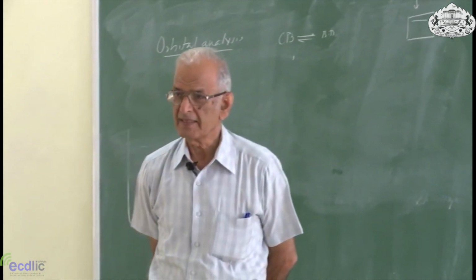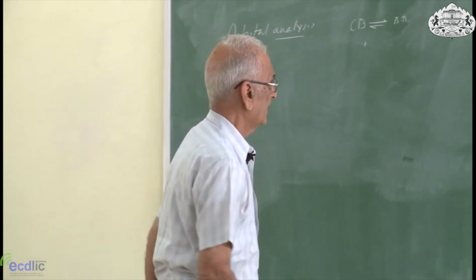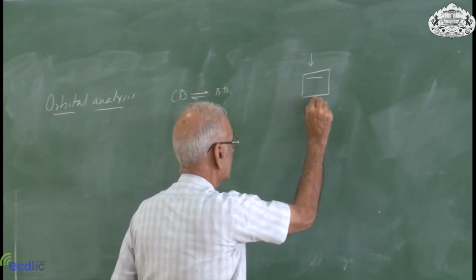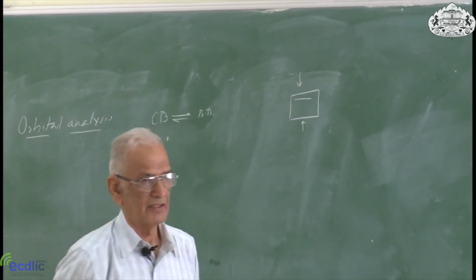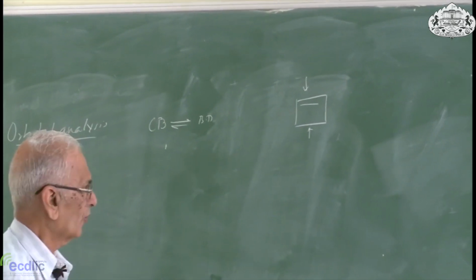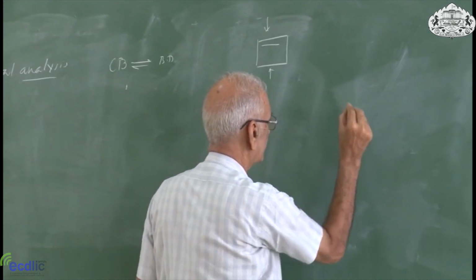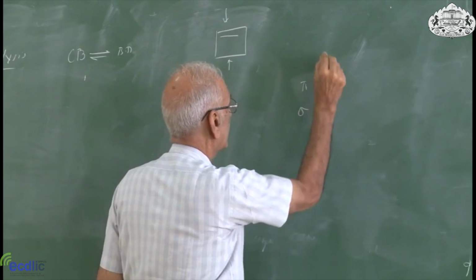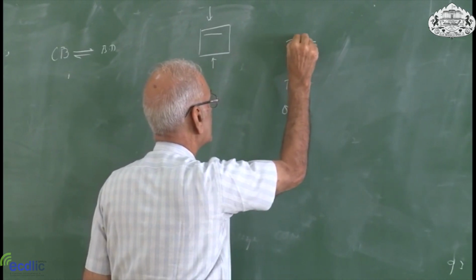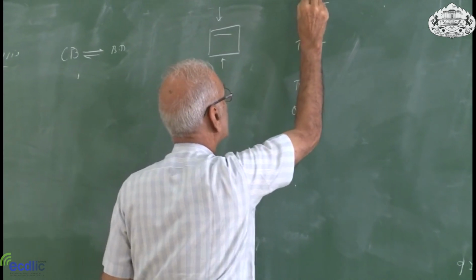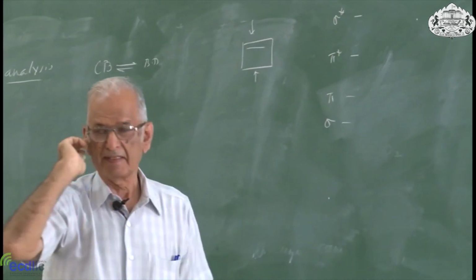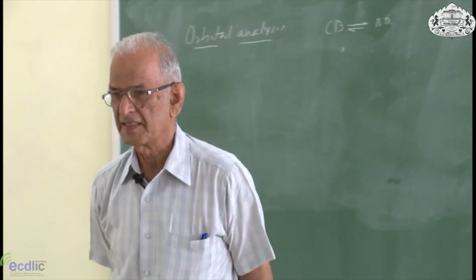One orbital is the double bond, and the other reacting orbital is this. So, our 4 orbitals are going to be sigma, pi, pi star, and sigma star in increasing order of energy.